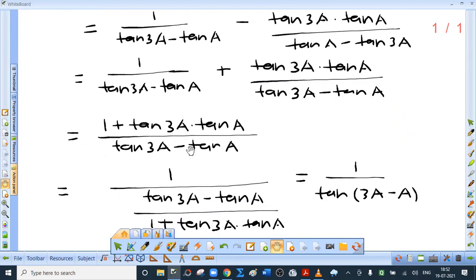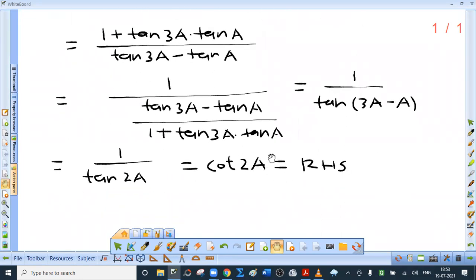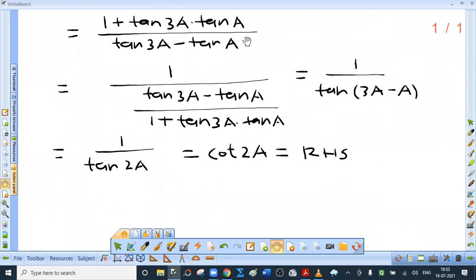Again, a upon b is 1 upon b upon a. Same thing I have written in a different form. Why? This is of the type (tan alpha minus tan beta) upon (1 plus tan alpha tan beta), which is tan of (alpha minus beta). Now it is 1 upon tan 2A. It is cot 2A, which is nothing but the right hand side.